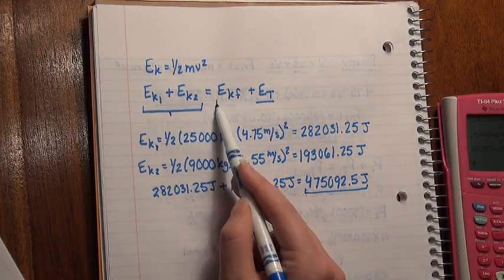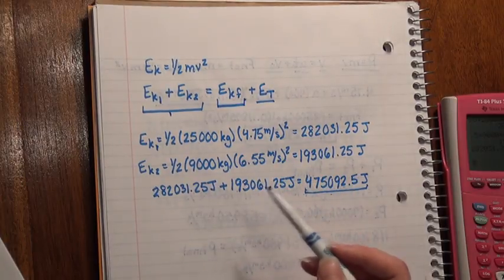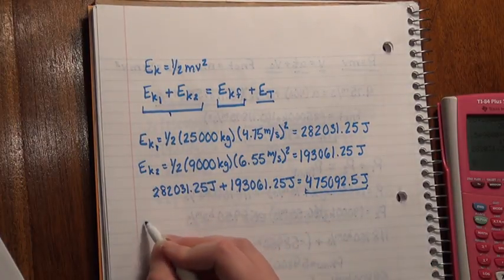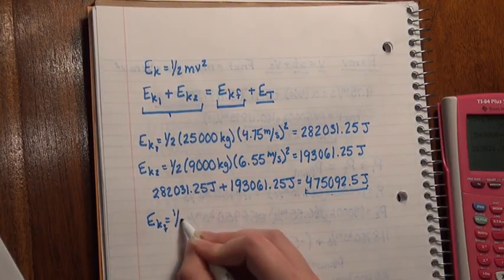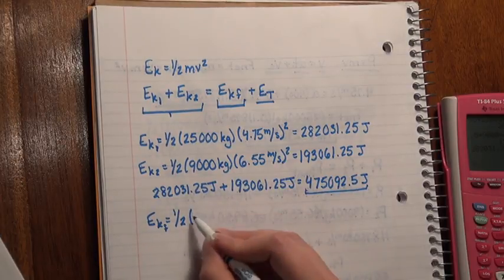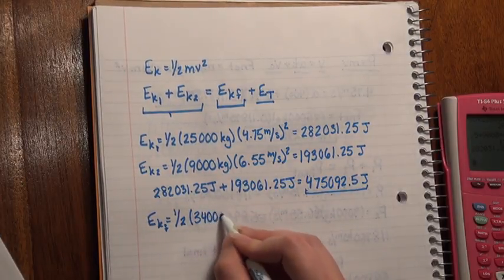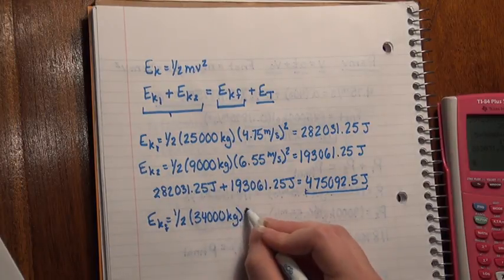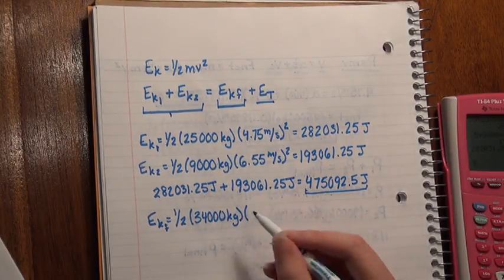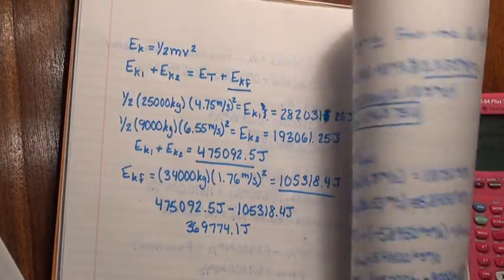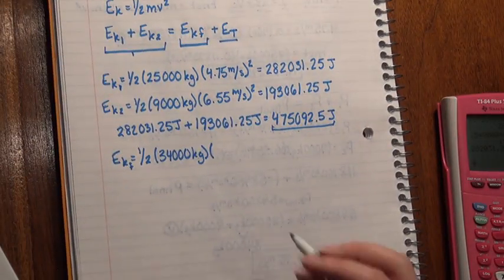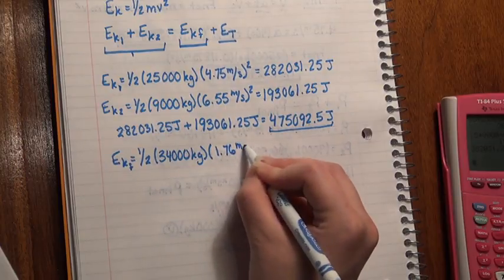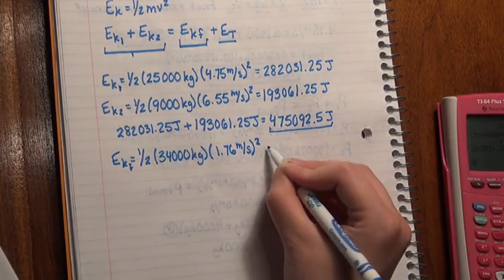Now we can solve for EKF, or the kinetic energy of the cars after they've collided. And so we have that EKF is equal to 1/2 of the mass of the two cars combined, so 34,000 kilograms, times the velocity of the final two cars, which we solved for back here in part B, 1.76 meters per second, and that quantity is squared.